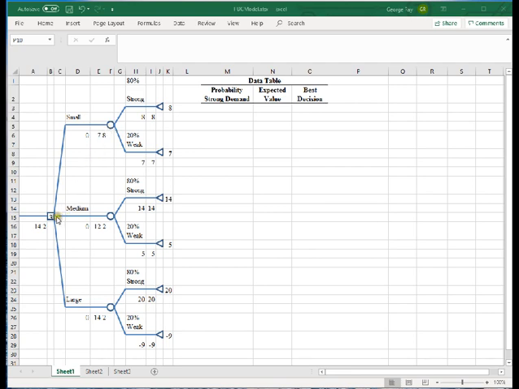The squares are decision events. And in this particular case, we have 3 potential decisions that we can make. And then our outcomes are represented by the triangles. We'll go over the model in more detail.